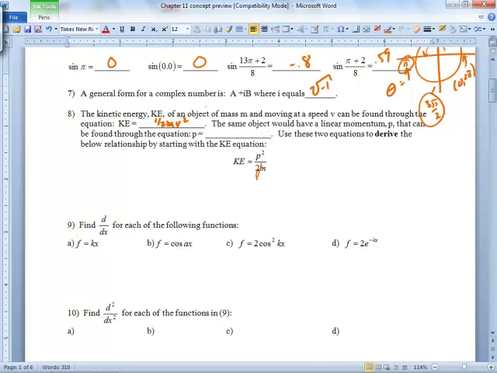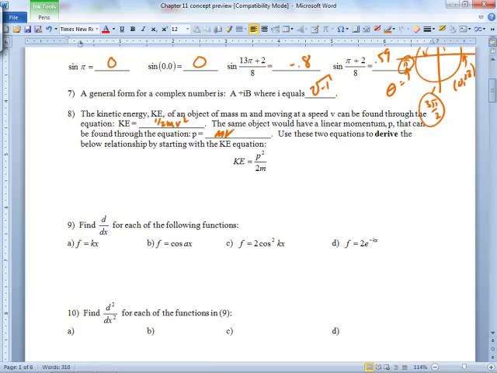The same object would have a linear momentum p that can be found through the equation 1. I already picked on 1, that's okay. Little p equals, anybody helpful? mv. Mass times velocity there.